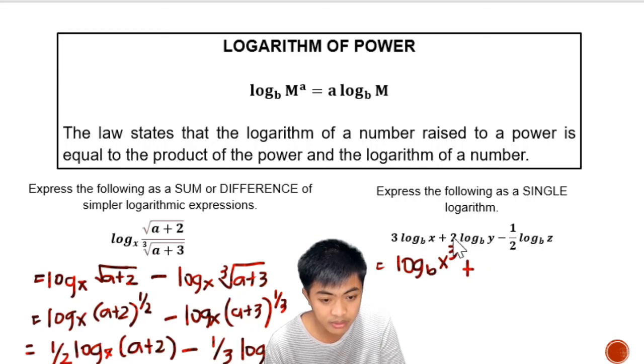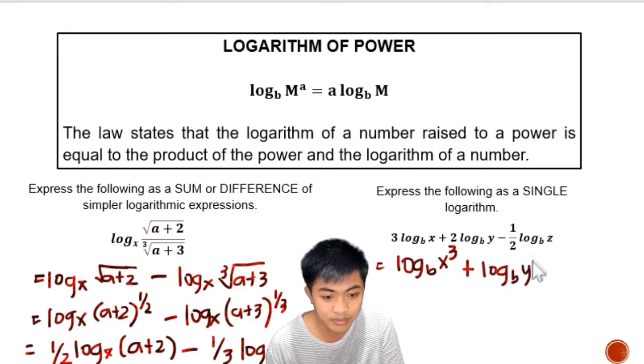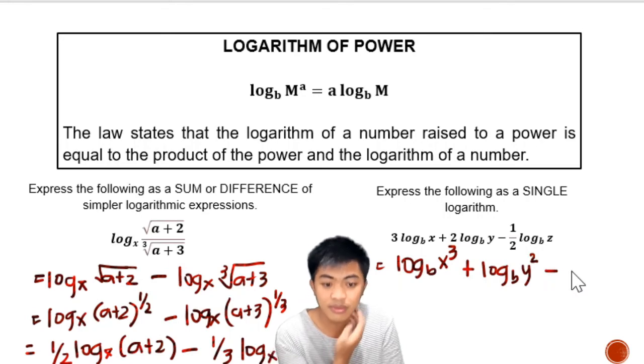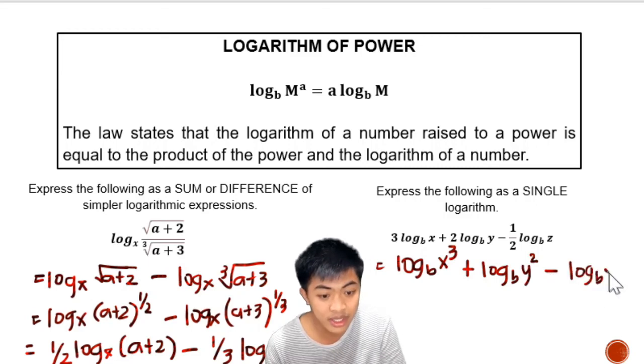Plus, we have here another number before the log expression that will become the exponent of y. Minus, oh, so 1/2 is a square root. That would be square root of z.